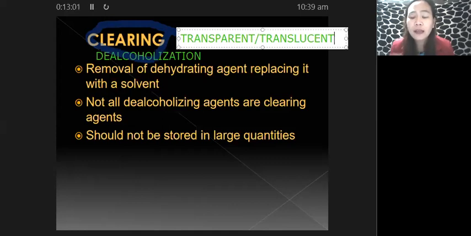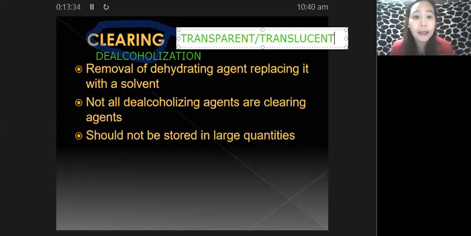Okay? So in the histopathology section of the laboratory, what type of examination or study do we usually perform? It's light microscopy. Okay? So how are you going to facilitate examining your tissue sample via light microscopy if the beam of light is not able to penetrate your tissue sample or your tissue slides?